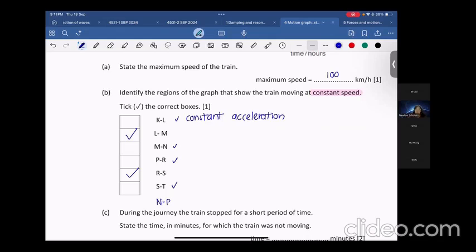Shuen, no. For the D, no. Hui Tong, MN, correct. How about others? PR, correct. Megan, correct. Hui Tong, ST, correct.